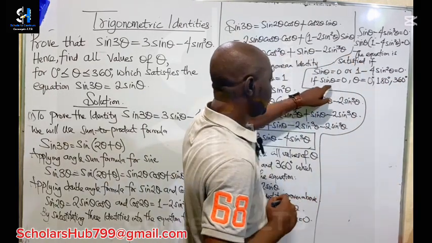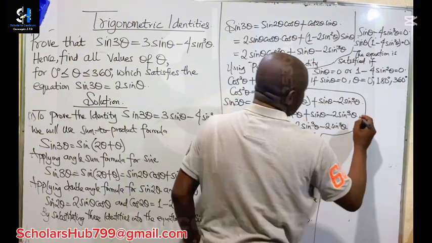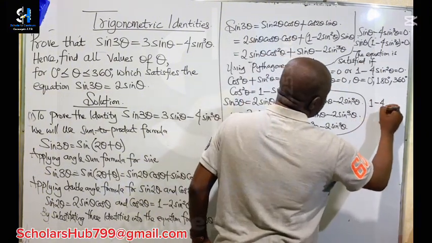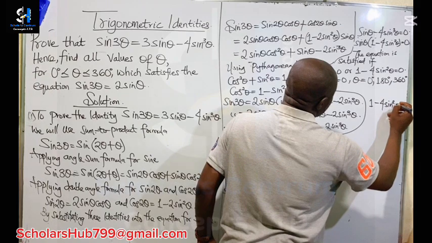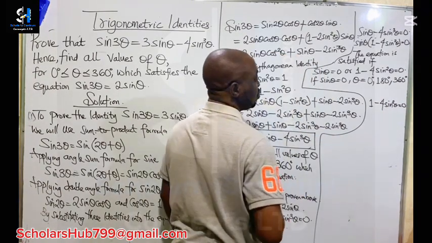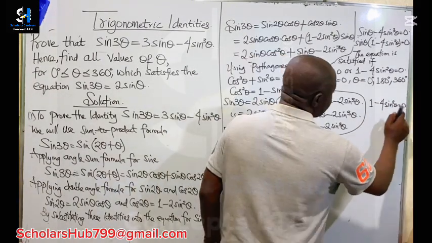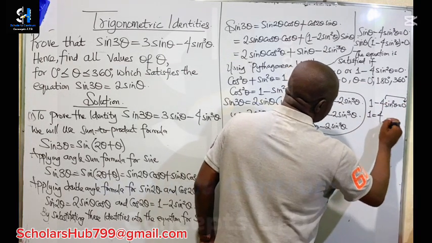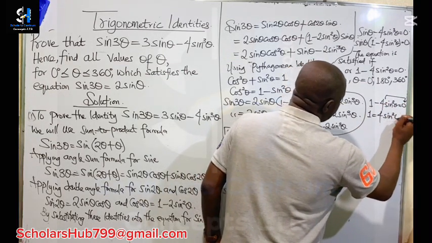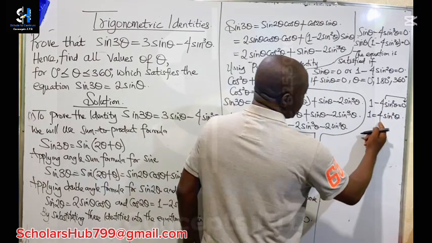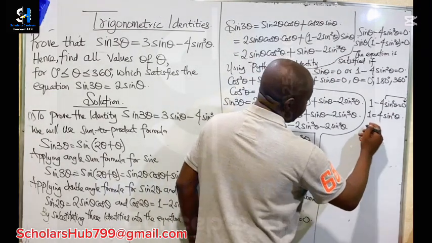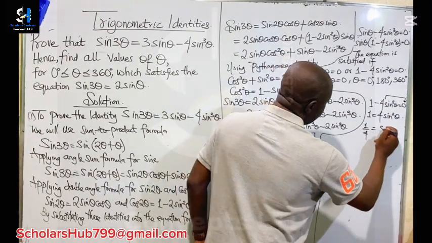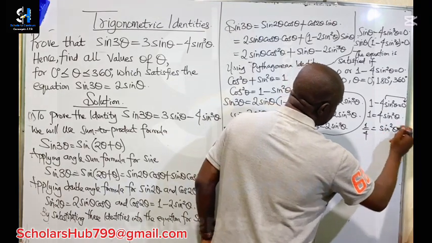Now for the second one, we have 1 minus 4 sine squared theta equals 0. I'll move this to the right hand side so that 1 equals 4 sine squared theta. Then I'll divide both sides by 4, so this will be 1 over 4 equals sine squared theta.